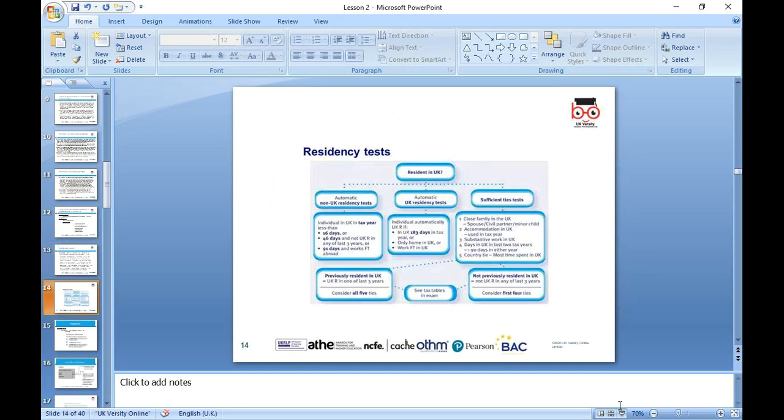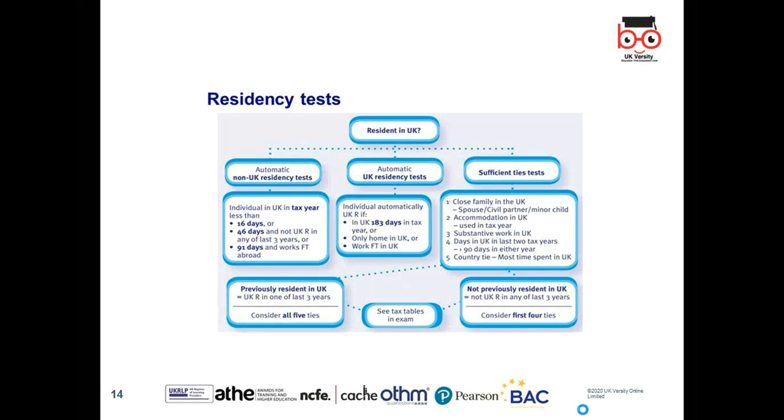So then we're looking at the residence test. What is a residence test? Under the automatic non-UK resident test, an individual is not UK resident if they spent fewer than 16 days in the UK in the tax year, or fewer than 46 days if not UK resident in any of the last 3 years, or work full time abroad averaging 91 days. That is the non-resident test. If previously resident in the UK in the last 3 years, consider all 5 ties.